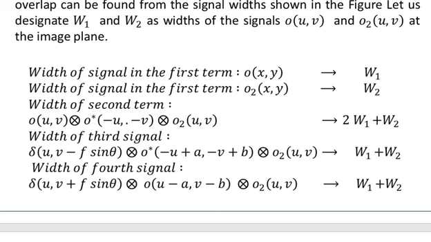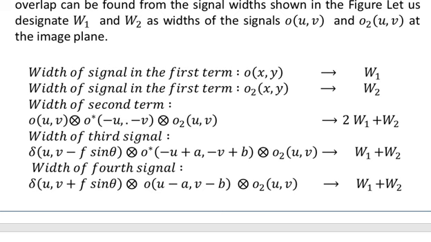So let me re-explain the widths. You see that the first term is O2, and the width of the O2 we have designated as W2. The width of the second spectrum: you see that the second term involves O convolved with O conjugate.